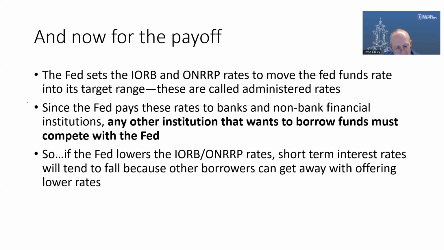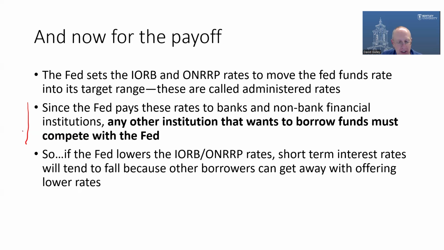And here's the basic idea. By creating these two types of financial assets, interest on reserve balances and the ONRRP facility, the Fed effectively competes with any other entity that wants to borrow money, up to and including federal government, state governments, companies, etc. And so all these other entities that want to borrow money have to compete with the Fed.